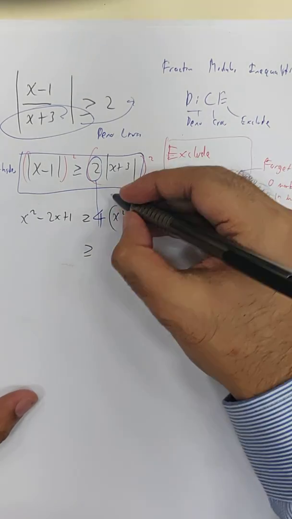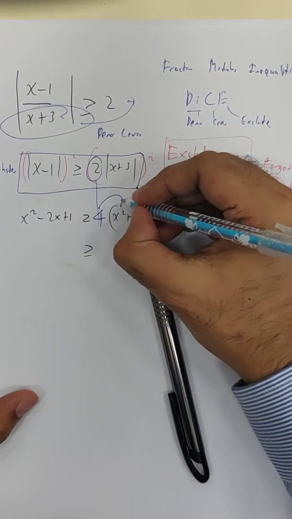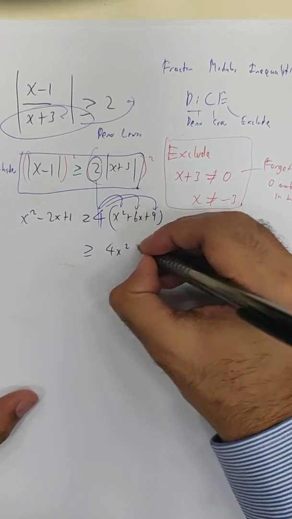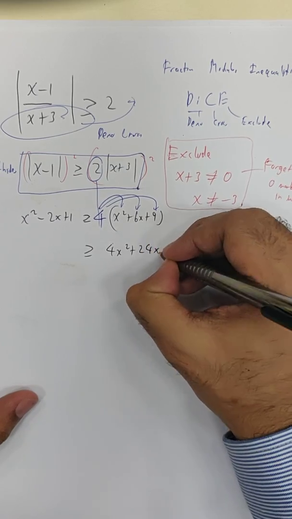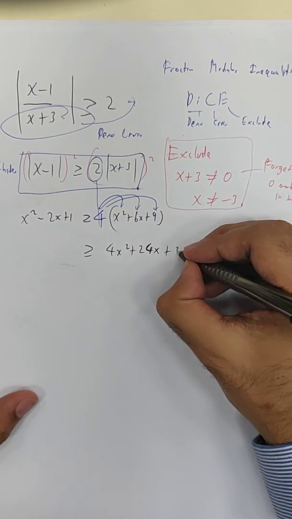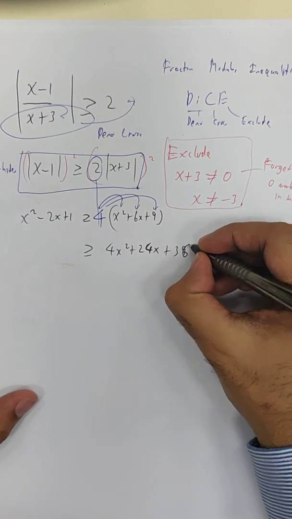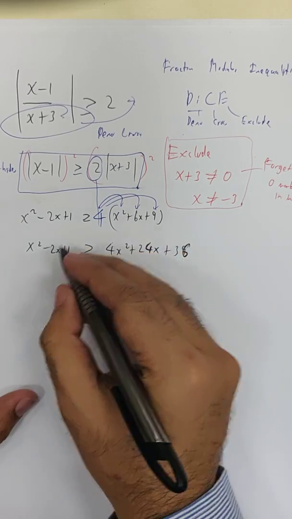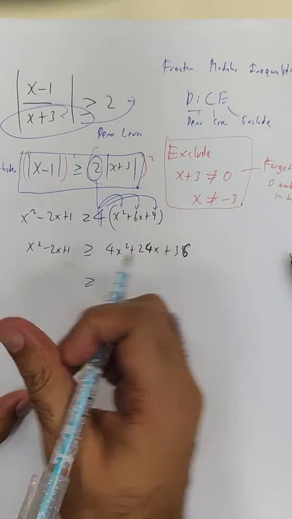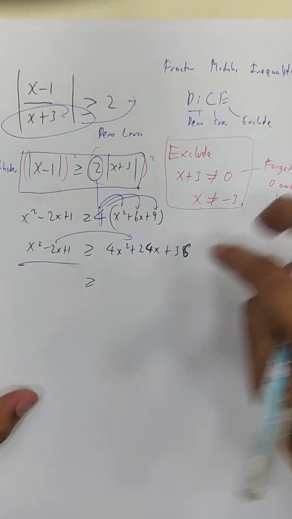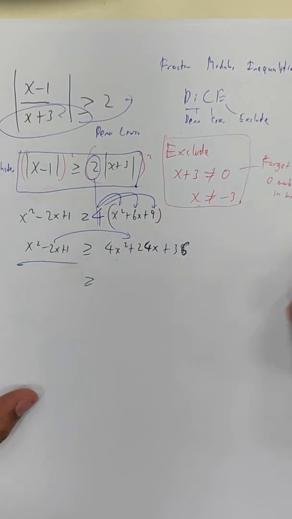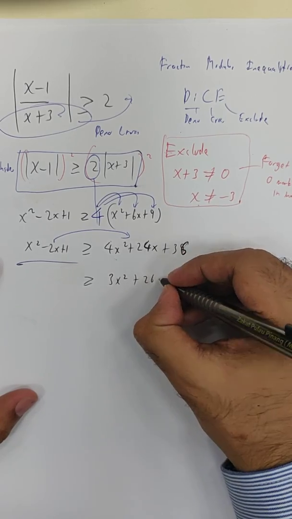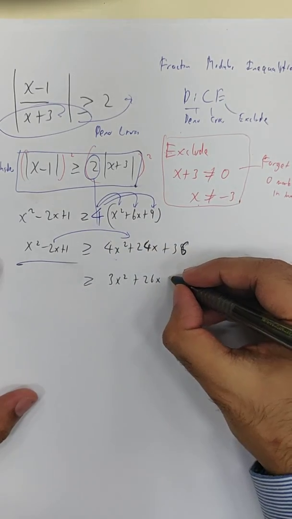Expand the right side. 4x squared plus 24x, oh sorry, 36. If I were you, I bring the left hand side to the right side because this is less than that. Basically we get positive 3x squared plus 26x plus 35.